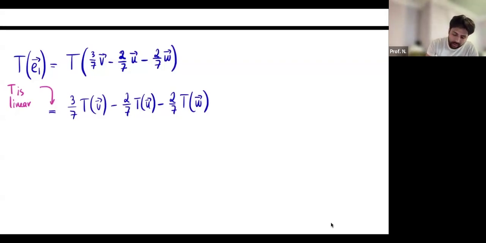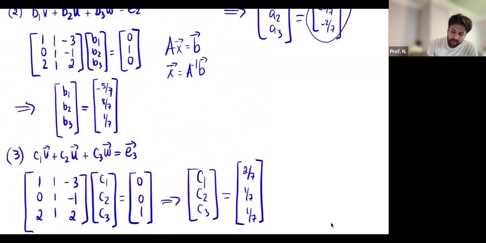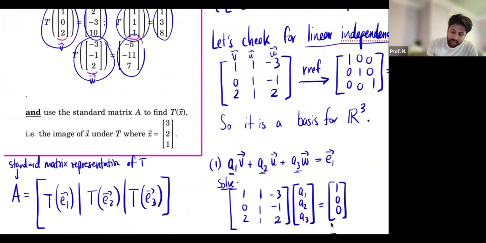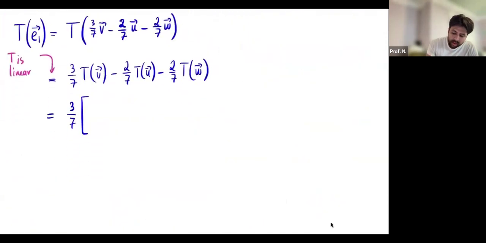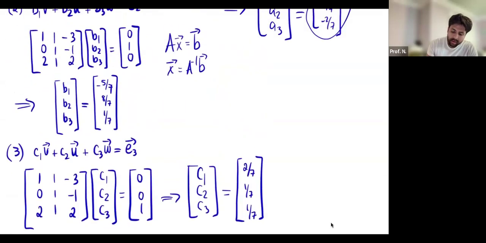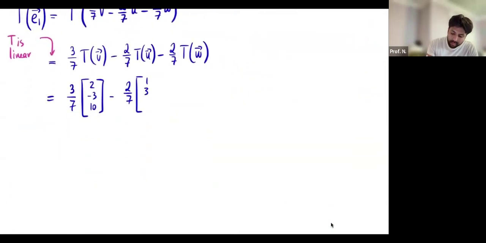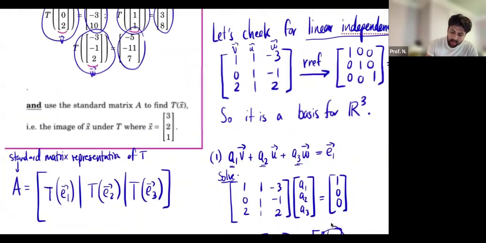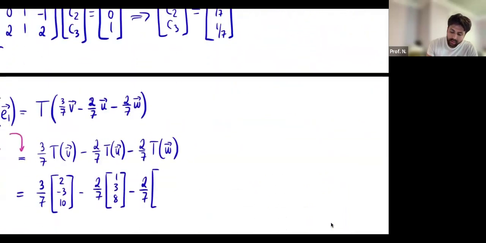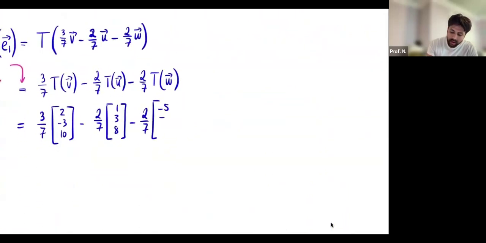So now I know this is what? 3/7, and then you multiply that with 2, negative 3, 10, minus 2/7, 1, 3, 8, minus 2/7, -5, -1, 1, and 7.